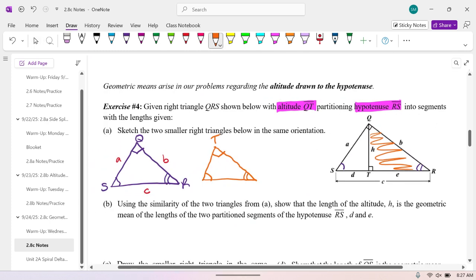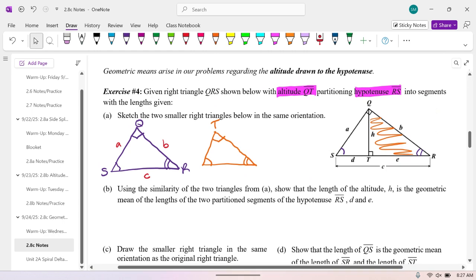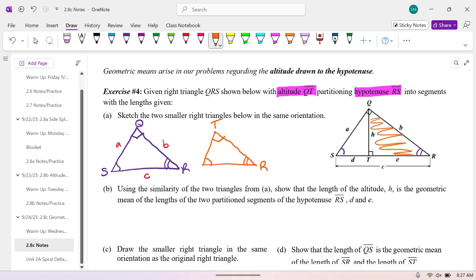So which big letter does the 2 tick angle connect to on the medium triangle? R. It's already marked over here, so it stays consistent. So that leaves us with Q as our small angle. So the length of QT is H, the length of QR is B, and the length of TR is E.